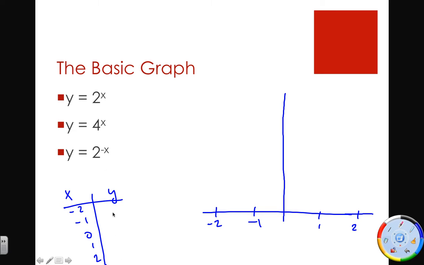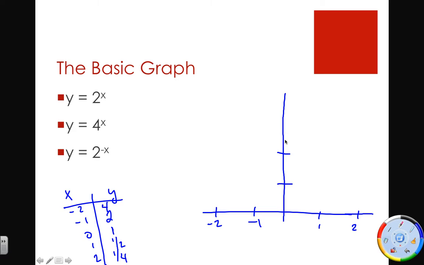Well, 2 to the 0 power, that's still going to be 1, so that's nice. And then if I plug in x equals 1, that becomes 2 to the -1, which is actually 1/2. When I plug in a 2, I get 2 to the -2, which is 1/4. Plug in a negative 1, that becomes 2 to the first power, which is 2. And then plug in negative 2, I get 2 to the second power, which is 4.